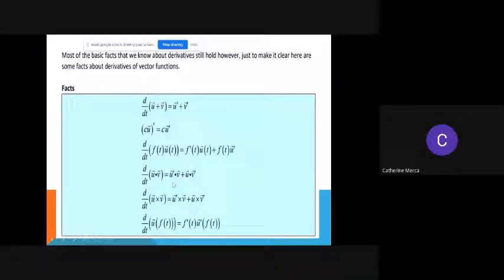For the dot product, u prime dot v plus u dot v prime. For the cross product, u prime cross v plus u cross v prime. And if it's a function of f of t, you will have the derivative of u of f of t is f prime of t times u prime of f of t. So chain rule pa rin itong dito.